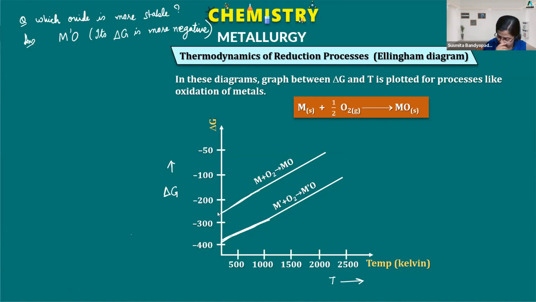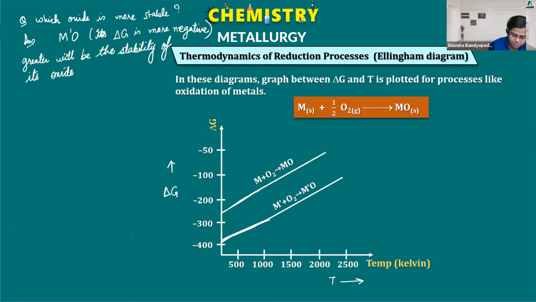The greater the negative value of delta G, the greater will be the stability of its oxide. So M dash O is more stable than MO. First analysis of the Ellingham diagram, number one.